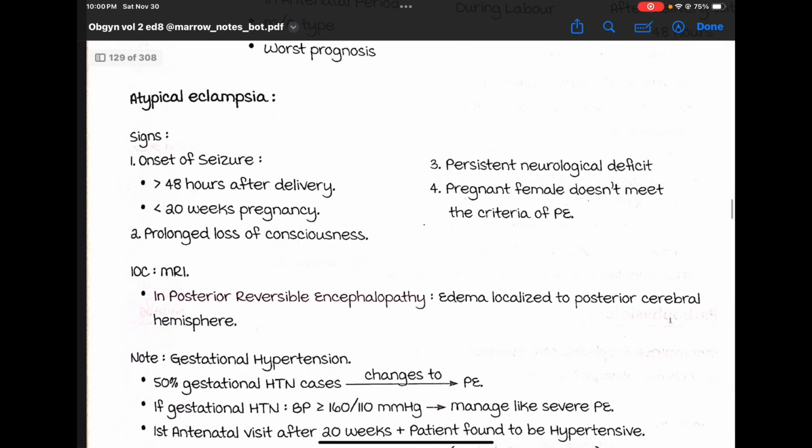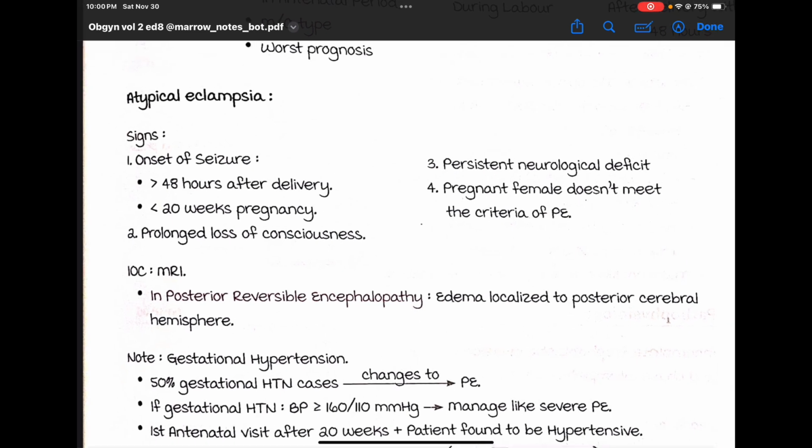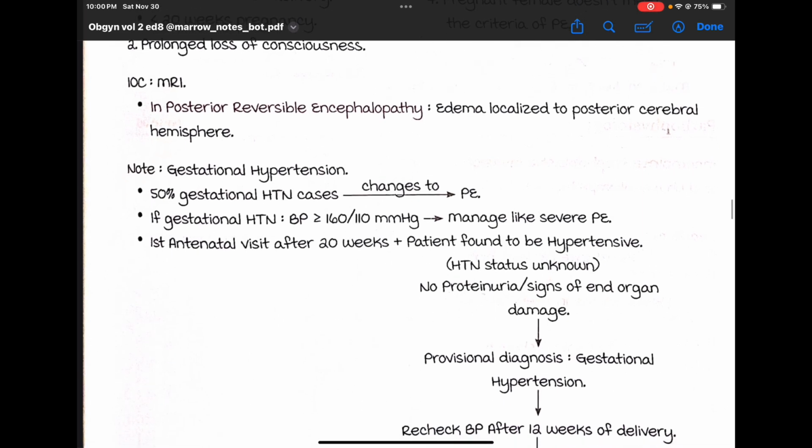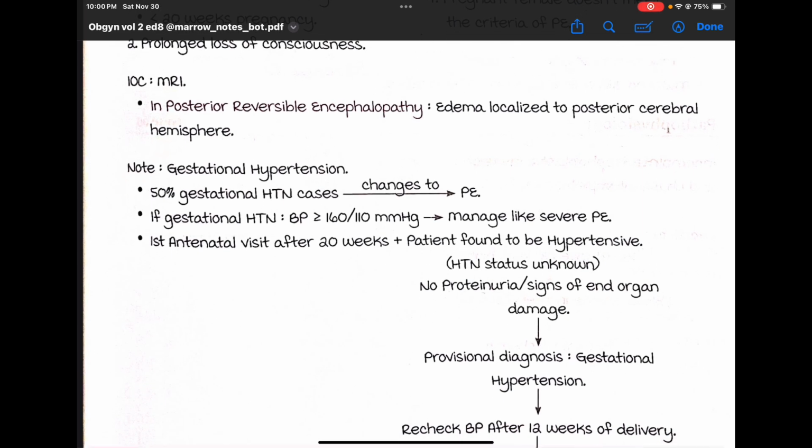Atypical eclampsia signs: onset of seizure more than 48 hours after delivery, or less than 20 weeks of pregnancy, prolonged loss of consciousness, persistent neurological deficit, or a pregnant female who doesn't meet the criteria of preeclampsia. Investigation of choice: MRI.